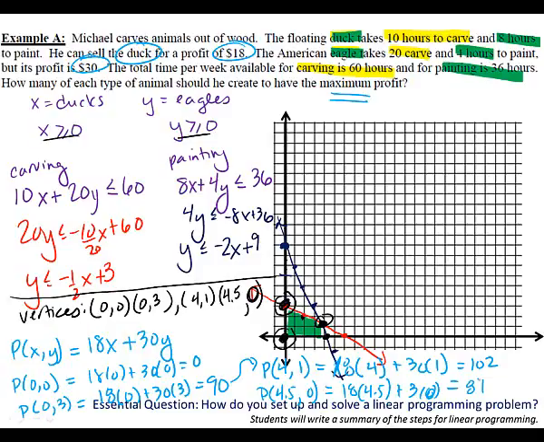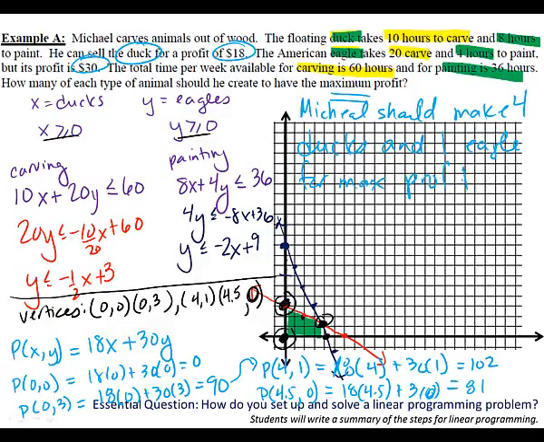So at the bottom there, you're going to write a sentence. I'm going to write my sentence above my graph because that's the only space I have left. So I would say Michael should make four ducks and 1 eagle for max profit.